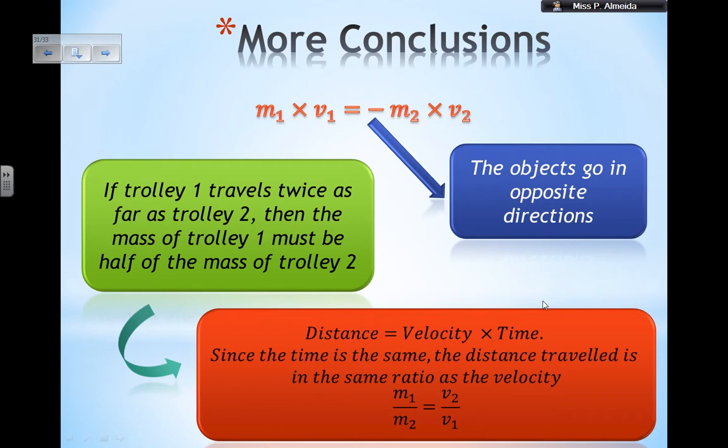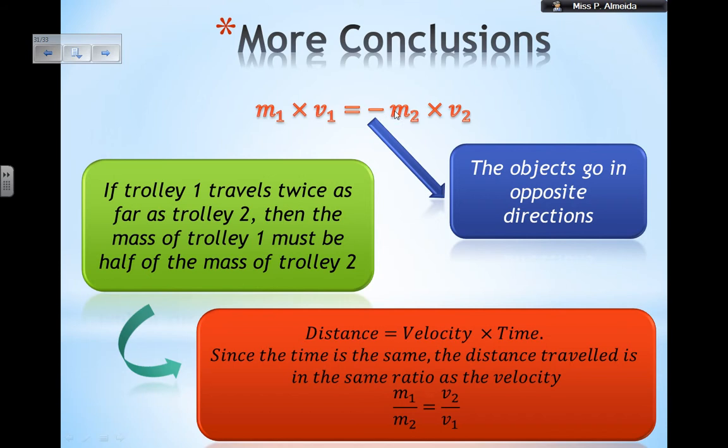Other conclusions that I can take: well, they go in opposite directions. I know that because I have this minus sign. Velocity is a vector, so the direction counts, and momentum is mass times velocity, so it's a scalar times velocity.